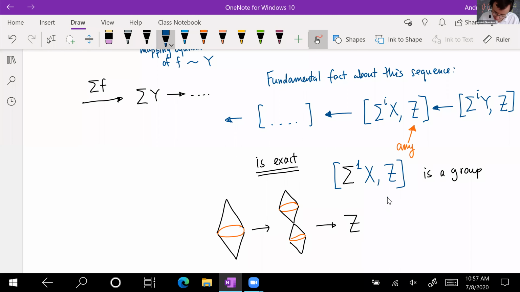This is the same kind of operation that defines a product on the fundamental group.